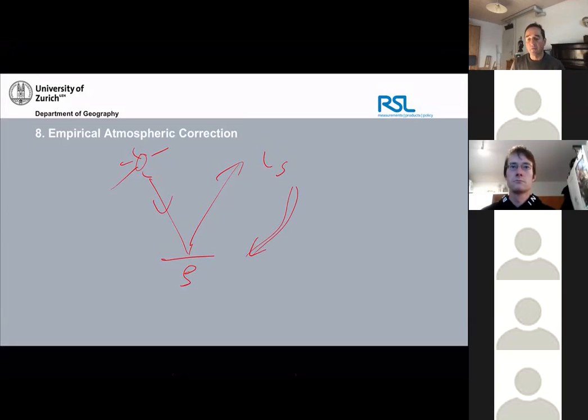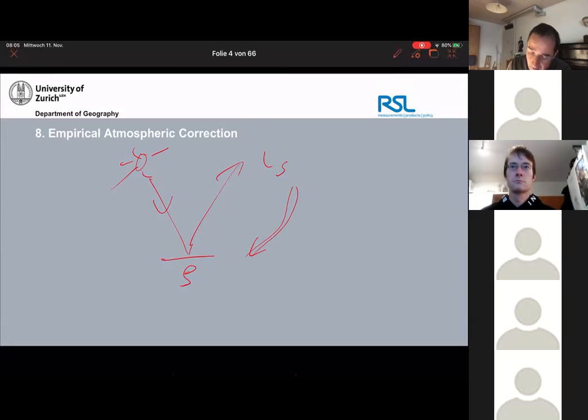So we want to have a reflectance retrieval, and this reflectance retrieval is, let's draw this nicer, LS, that's up here. So this reflectance retrieval is a conversion between a radiance quantity and a reflectance quantity, which is given as a percentage in the end. The definition of this reflectance quantity is already a question which is scientifically not easy to answer.